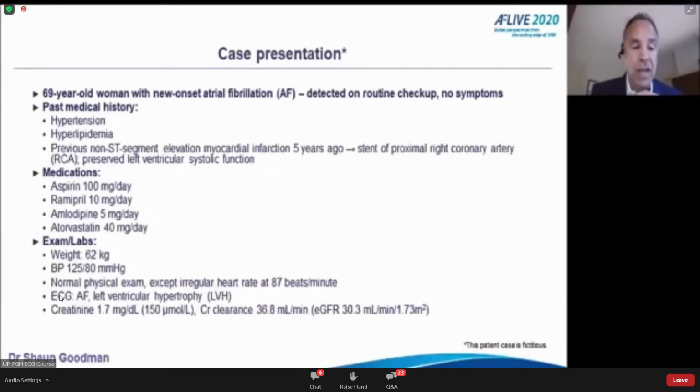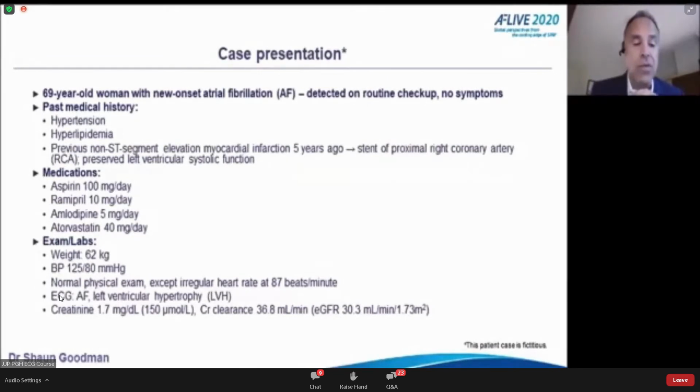Her physical examination is relatively unremarkable. I will point out that her ventricular response rate is not particularly elevated. It's 87 beats per minute. Her pulse, of course, is irregular, and her ECG confirms that she's in atrial fibrillation, which she was not known to be previously.